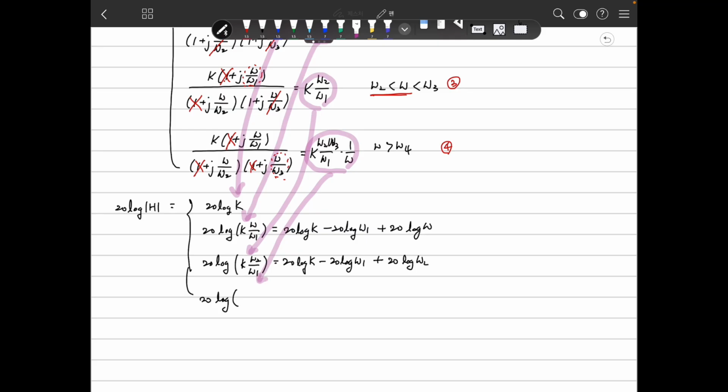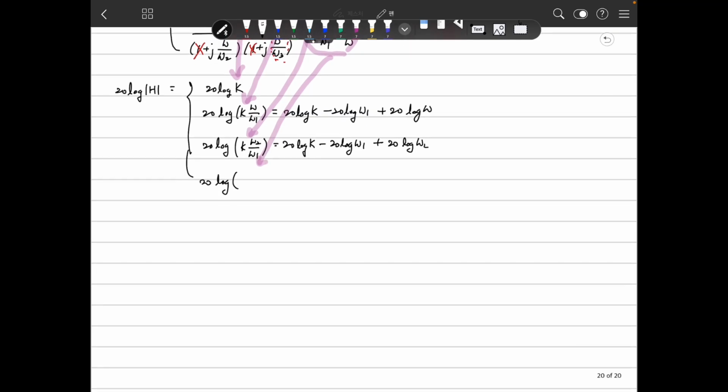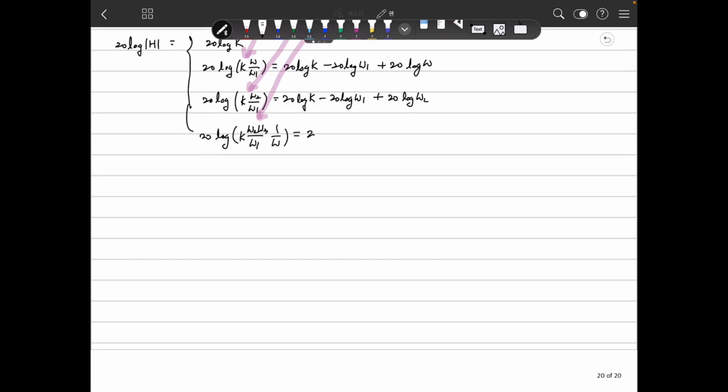That will be k omega 1 omega 2 omega 3 over one half omega. So that will be 20 log k minus 20 log omega 1 plus 20 log omega 2 plus 20 log omega 3 minus 20 log omega.